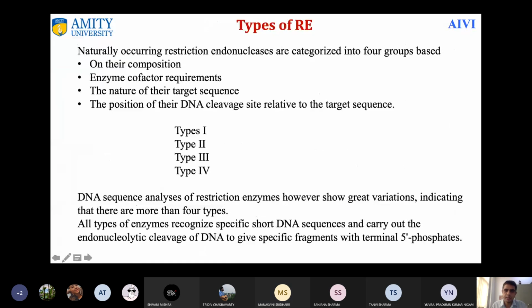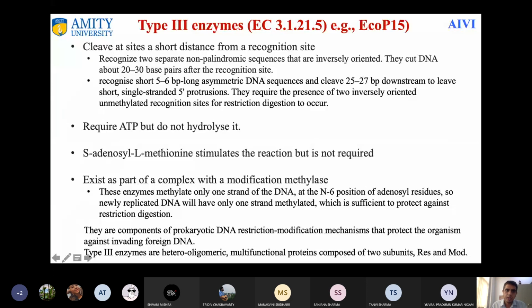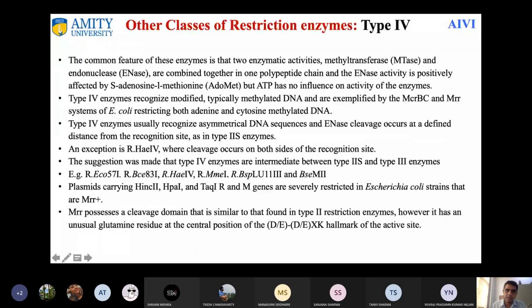This is the thing with your type 2. And type 4 is not of much importance for you. You may skip it also, but it is good to know whatever things are coming up. Type 4 is also characterized on the basis of the properties that we mentioned, how they produce a cut.